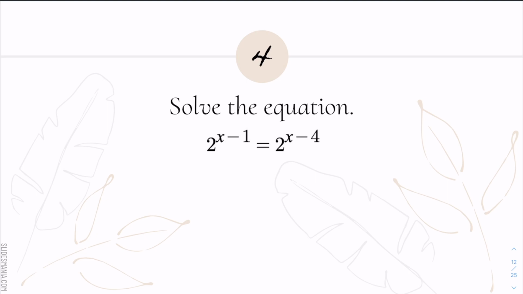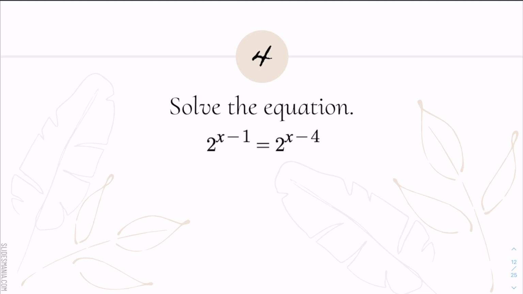All right, our next problem. We're given an exponential equation, but this one's different. We have an exponential on both the left-hand side and the right-hand side. However, because they have the same base, we're kind of set up for an easy problem.